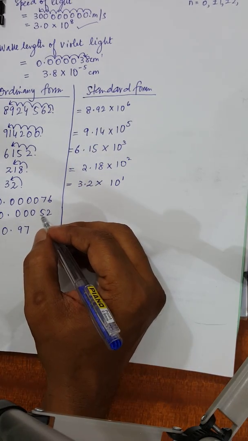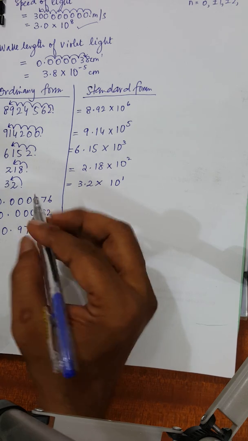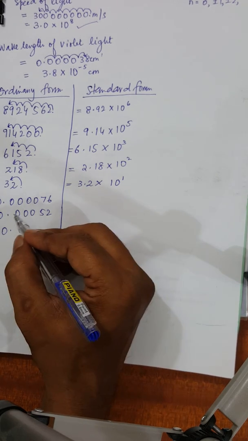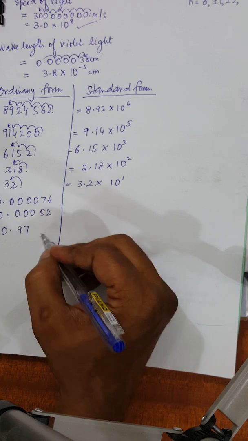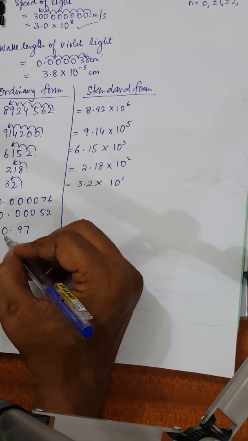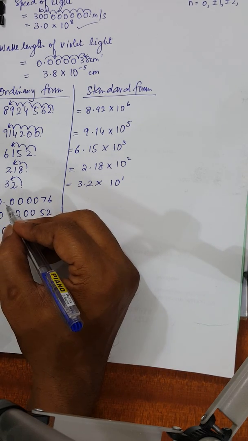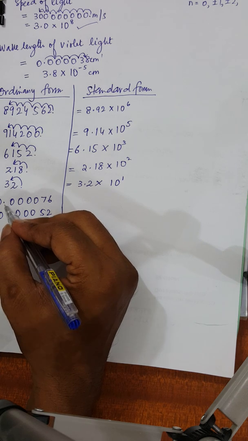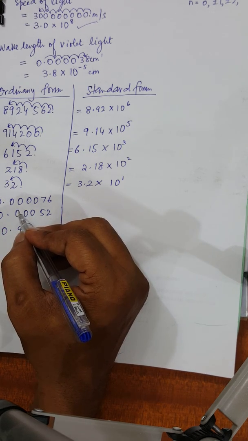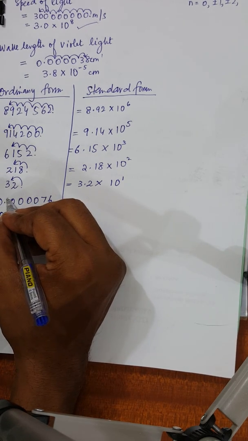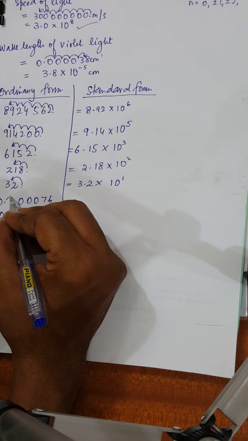In the standard form, the decimal point comes after the first digit. The first digit should never be 0. Here in these 3 examples, the first digits are 0. So we should have a number other than 0. That is called a non-zero digit. So we'll move the decimal places in the forward direction now.